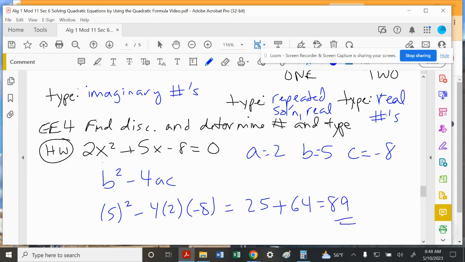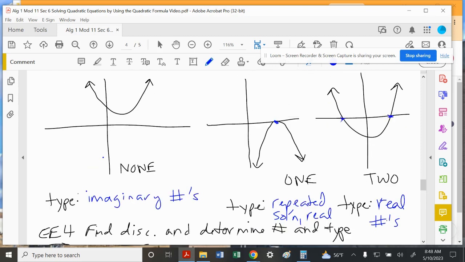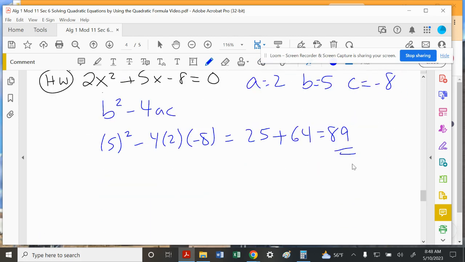Obviously, that's a positive number. We can see that if it's a positive number, it's going to have two real solutions. So the number of solutions are two solutions, and both are real numbers. And that's it. That's how you're answering those questions.